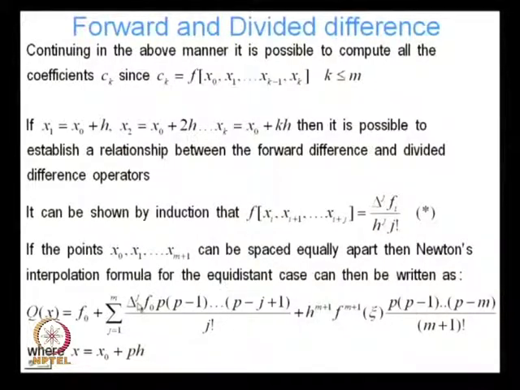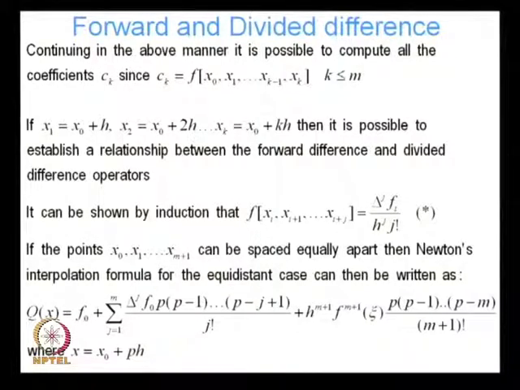Earlier on we showed it for the divided difference operator for the most general case, where there was no restriction on how the points were on the x-axis. The intervals could be anything, large, small, equal, unequal. But then we said that if those intervals on the x-axis are equal, then instead of having to use the divided difference operator, you can write your Newton's interpolation formula using the forward difference operator like that.